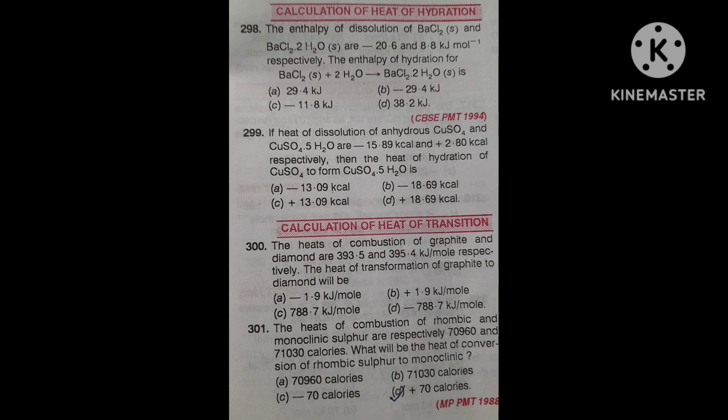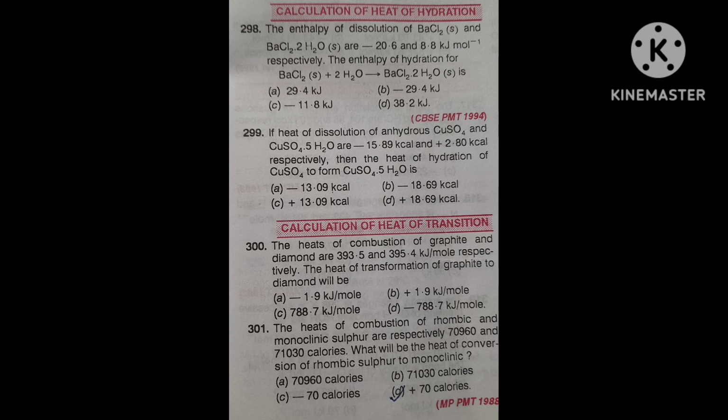That will come minus 2.80, and add both. Directly 15 plus 2 is 17, but minus 15.89 and minus 2.80 if you add, then you will get minus 18.69 kilocalorie.